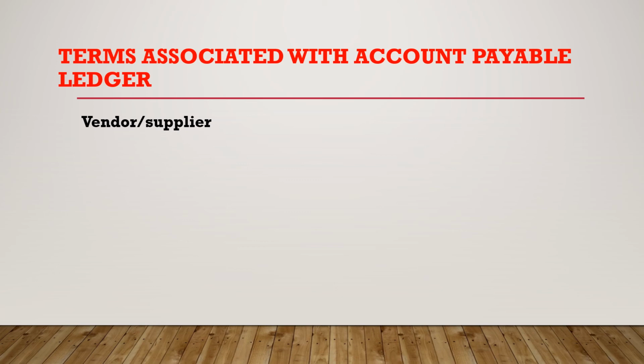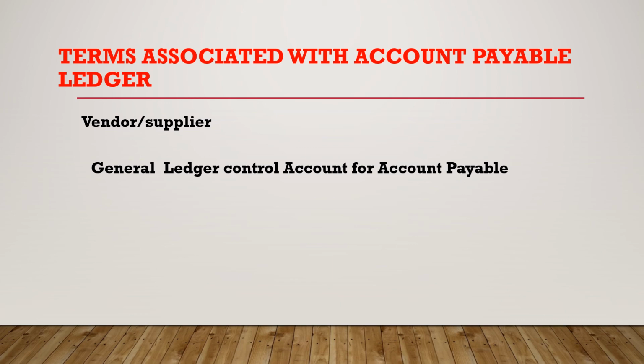You also have a general ledger control account for account payable. This account has to total the amount of account payable ledgers. It has to be equal. The balance on the general ledger control account payable has to be equal to the account payable ledger.